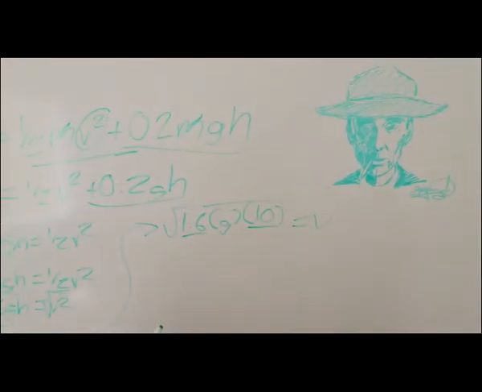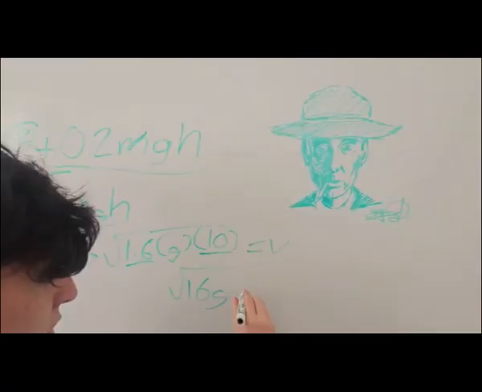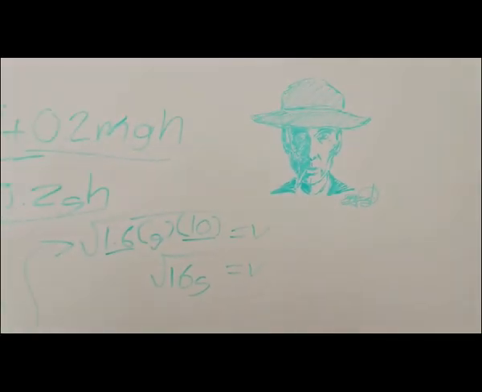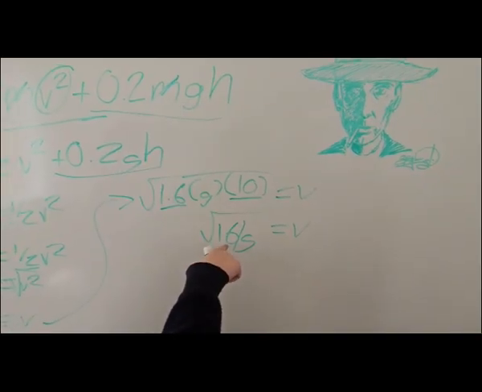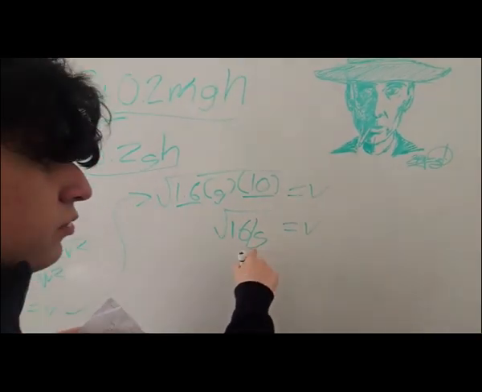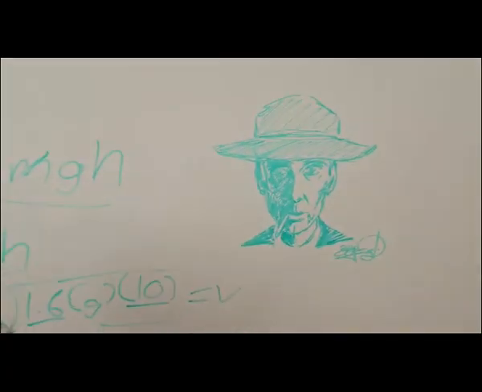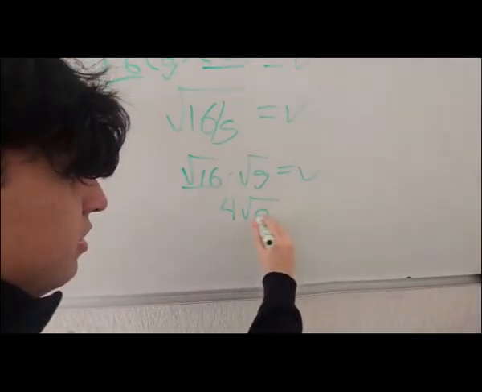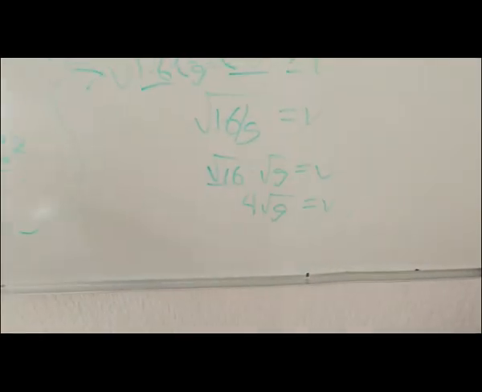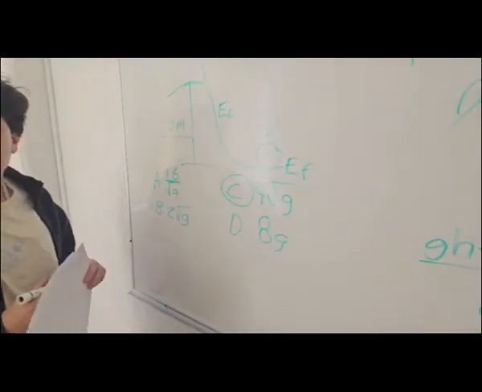This and this can be multiplied, so it's going to be root of 16g is equal to v. And this can be divided, so it's root of 16 times root of g is equal to v. This is 4. 4 root of g is equal to v. So we know that our answer is letter C, 4 root of g.